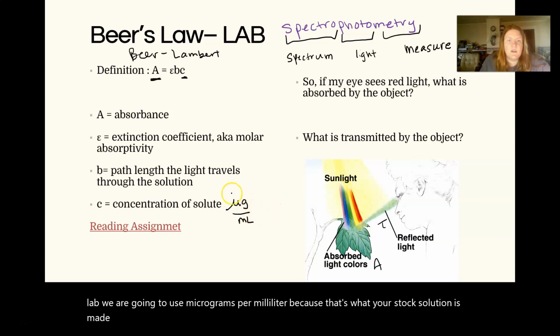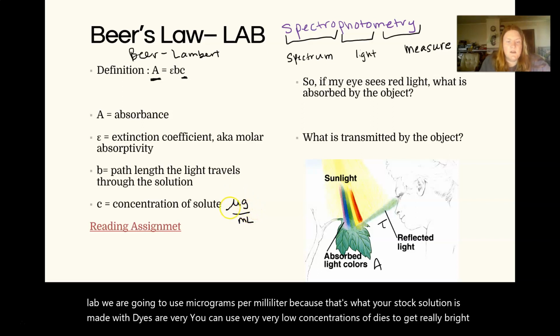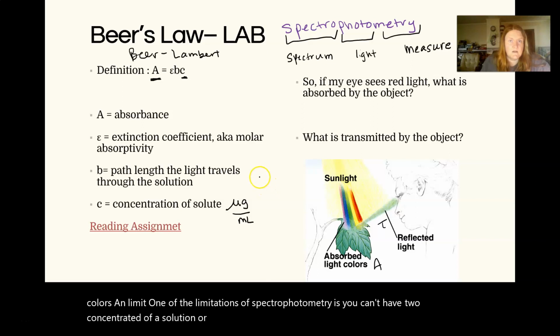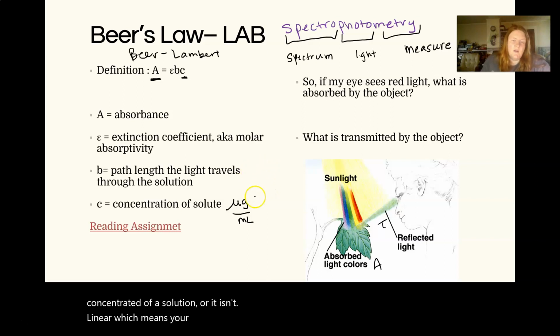You can use very, very low concentrations of dyes to get really bright colors. And one of the limitations of spectrophotometry is you can't have too concentrated of a solution or it isn't linear, which means your graph won't help you. So we use very diluted solutions, which is why we use micrograms.